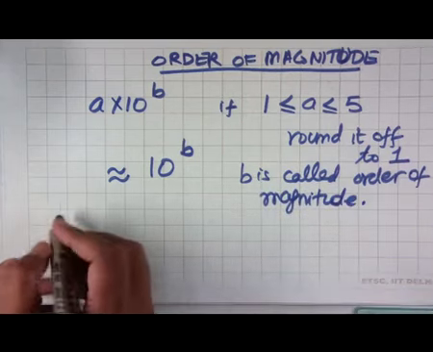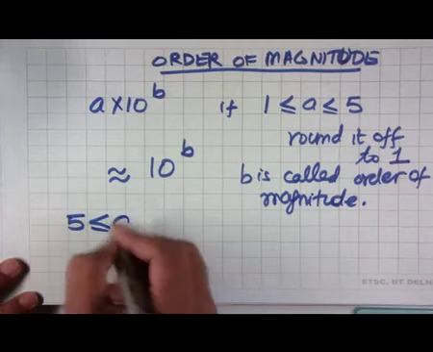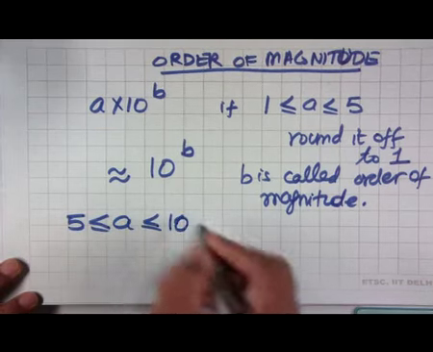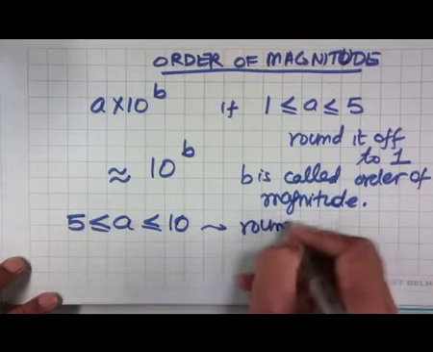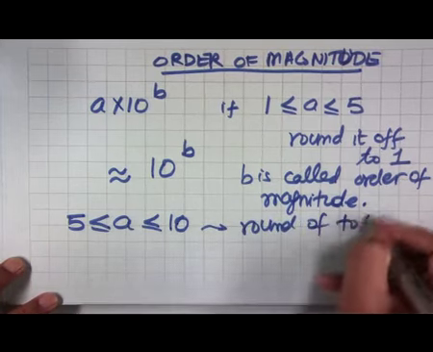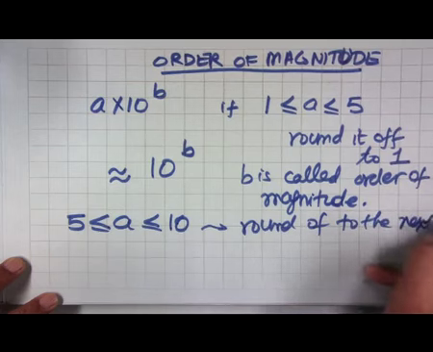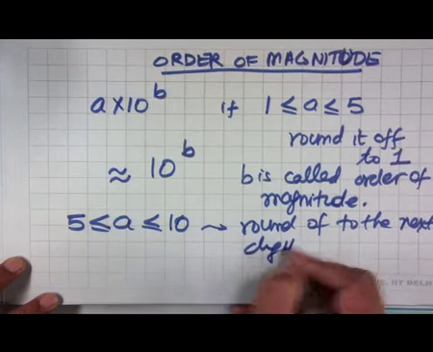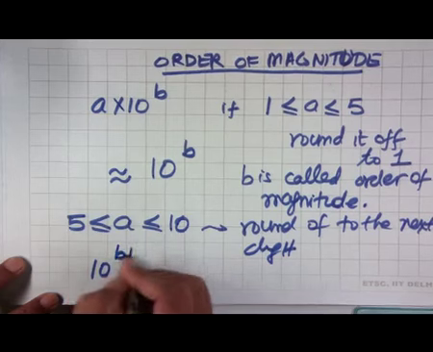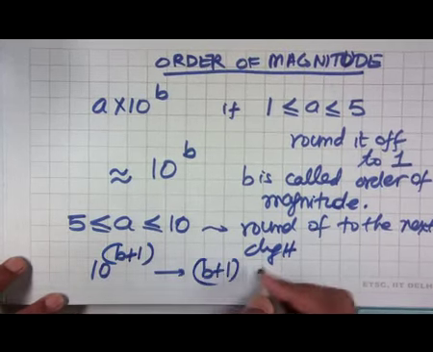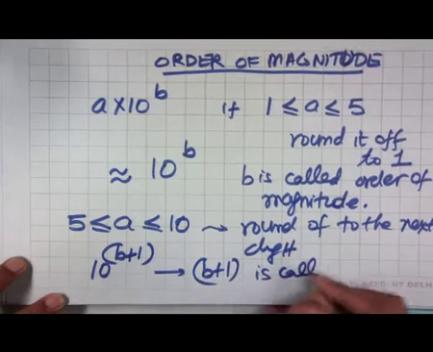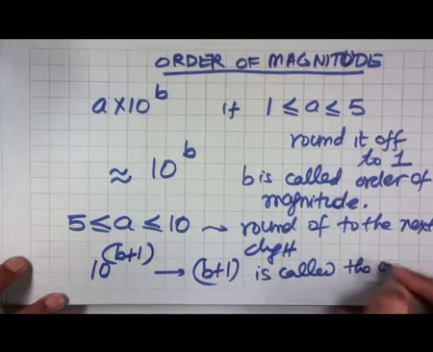And if a lies between 5 and 10, then we round off to the next digit, which means we call it 10 to the power of b plus 1, and in this case b plus 1 is called the order of magnitude.